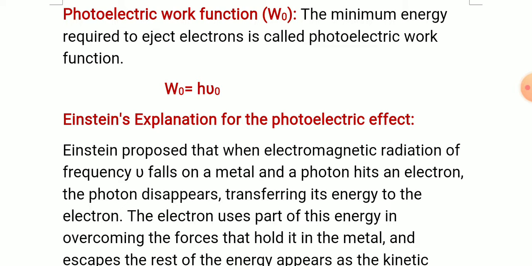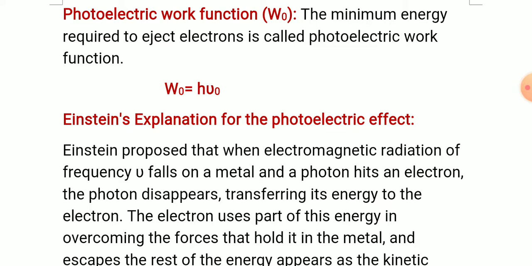The minimum energy required to eject electrons is called photoelectric work function, and the minimum frequency required to eject electrons is called threshold frequency.